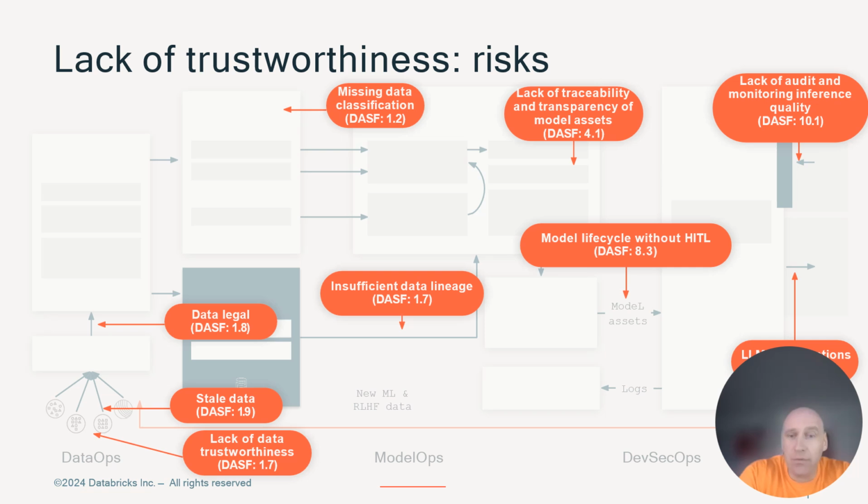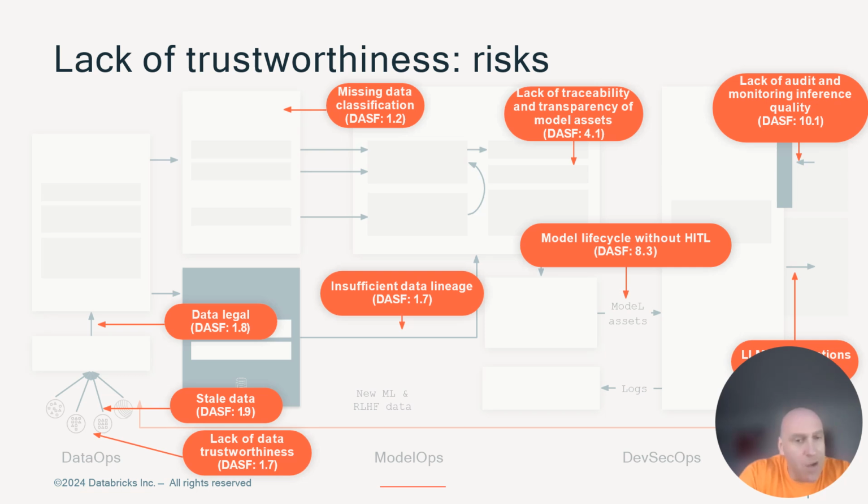We're talking about lack of traceability and transparency of model assets, model lifecycle without HITL, and lack of audit and monitoring in inference quality. So these are some of the main places where trustworthiness risks could appear.